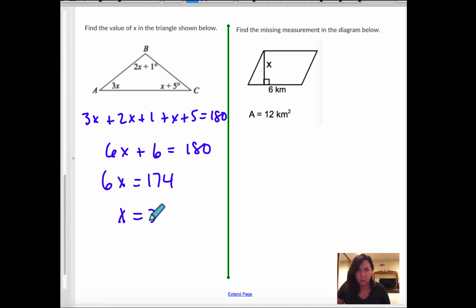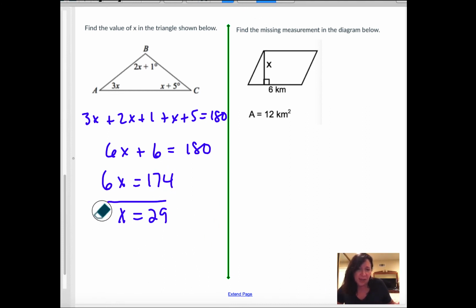So x equals 29. Now, here's the thing, especially on a problem like this. They're done. They're like, there you go. X is 29. However, by the way, I know you guys are used to boxing things up, and it makes it so much clearer for me to teach with that boxed up.